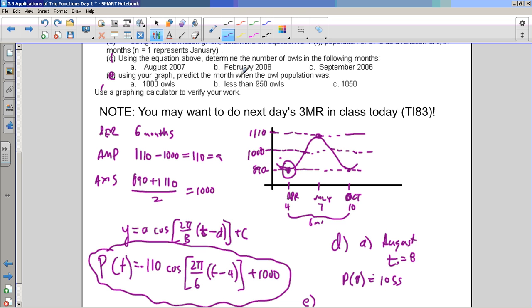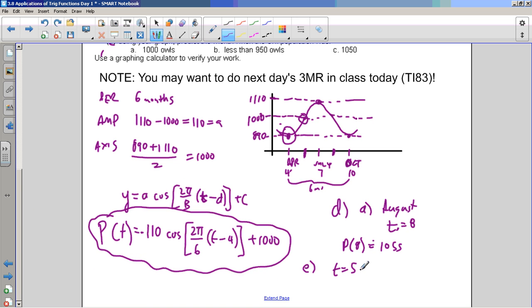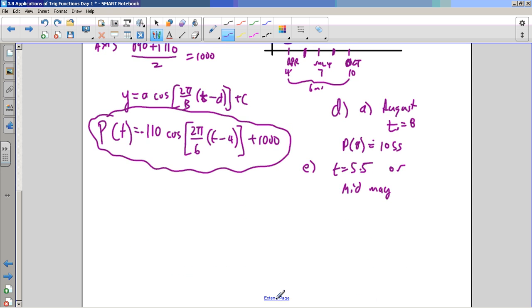Using your graph, and again, you can do B and C, and it's all good. Using your graph, predict the month when the owl population was 1,000 owls. That one we should be able to get exactly, because that's one of our important points. This is exactly halfway between the minimum and the maximum. This was 3 months, so this is 1.5 months. So at t equals 5.5, that's mid-May, halfway through May.